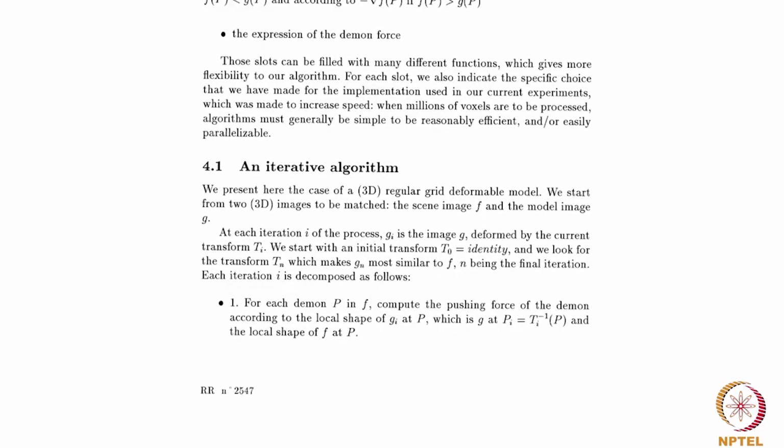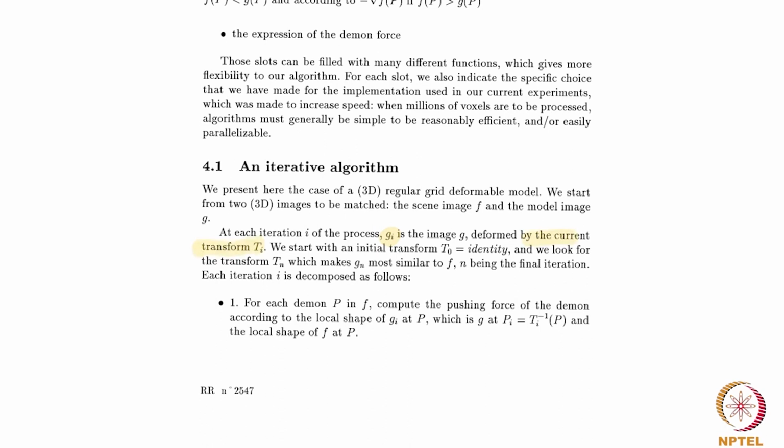At each iteration i of this process, we have to estimate the velocity v. In this case, G is the moving image, which he calls the model, and F is the scene image, which is the fixed image. And G subscript i is nothing but the image G defined by the current transform Ti.